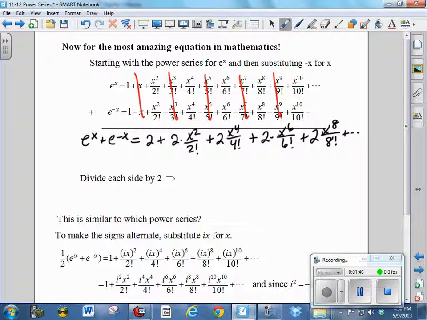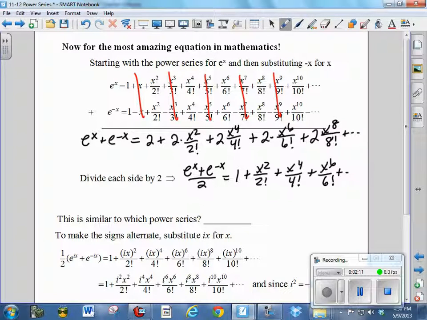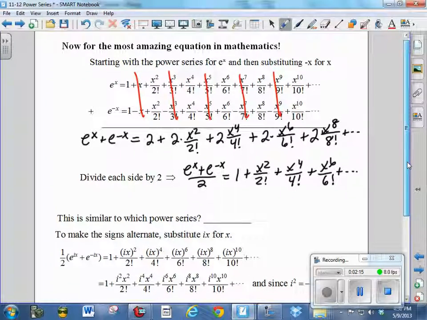Now if I divide each side by 2, then I have e to the x plus e to the negative x all over 2 equals 1 plus x squared over 2 factorial plus x to the 4th over 4 factorial plus x to the 6th over 6 factorial, etc. Now I want you to think, which power series does this look like?